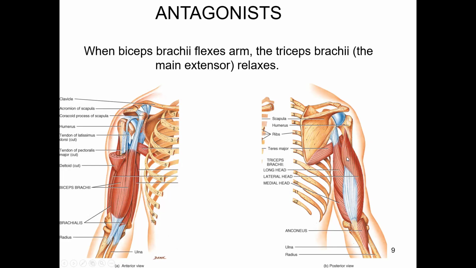So the triceps remains relaxed and it just stretches along with the flexing of the forearm with the work of the prime mover. So this kind of coordination, again, comes about as the effect of our nervous system. Again, a number of brain structures are involved in creating not only the signal that goes to the biceps brachii, but also shutting down the signal that would go to the triceps brachii.